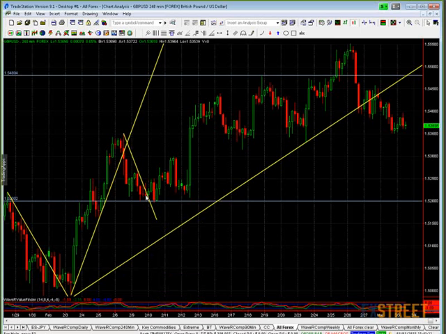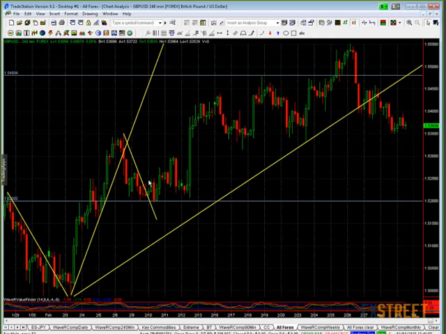Once price breaks above it, this is the rule. Price first of all has to have gone through an ABC zigzag zig. Part two, price has to move above the trend line and break it. And the next bit of the rule is that price must have put in some form of correction with a higher low before we get the buy.